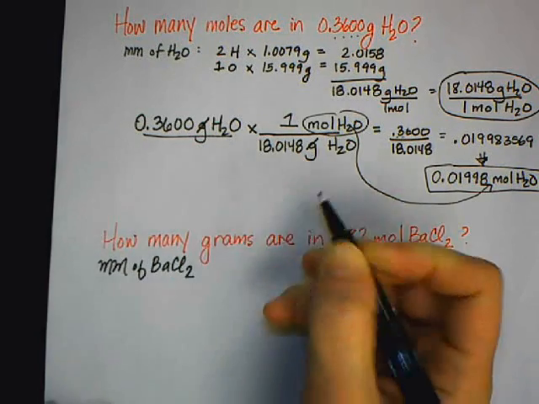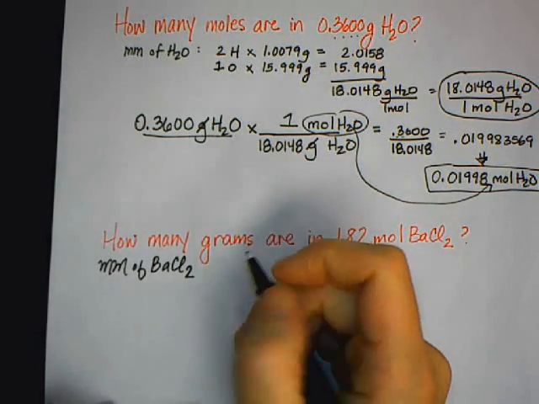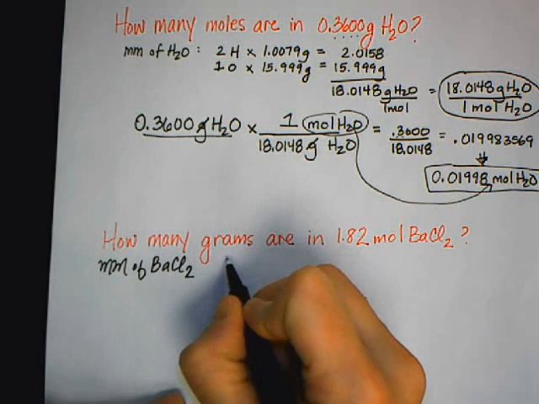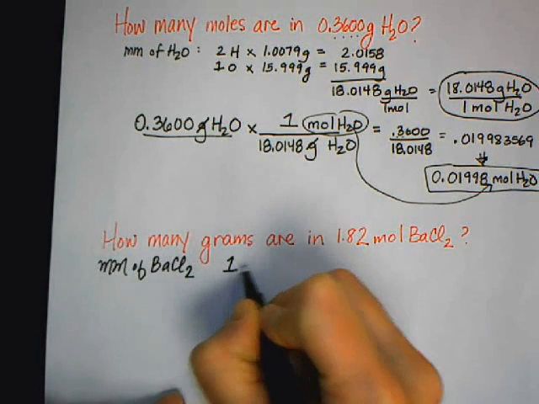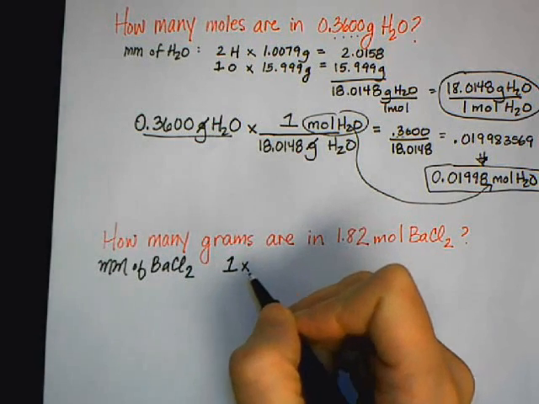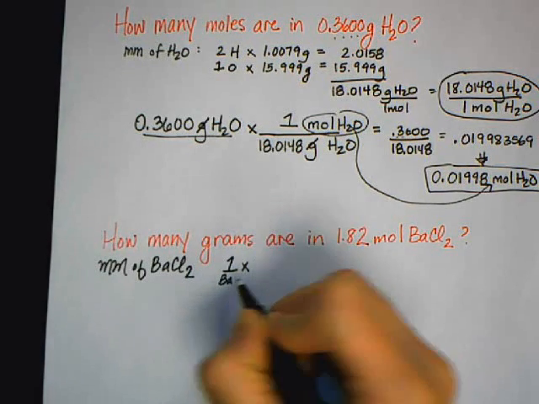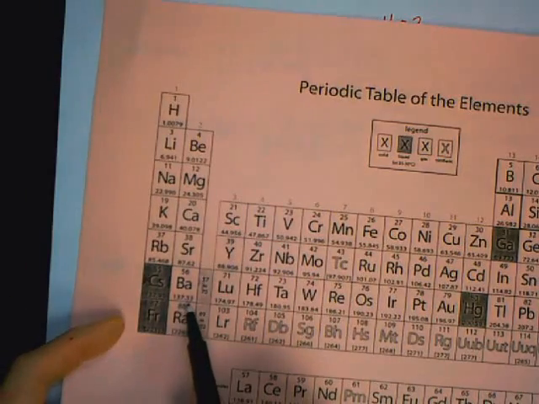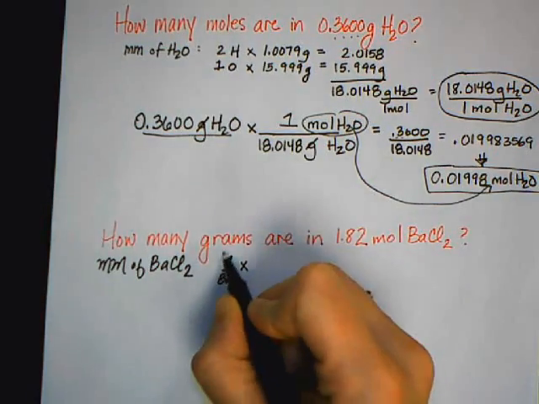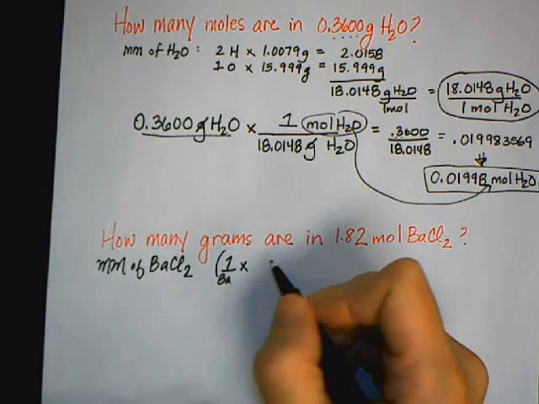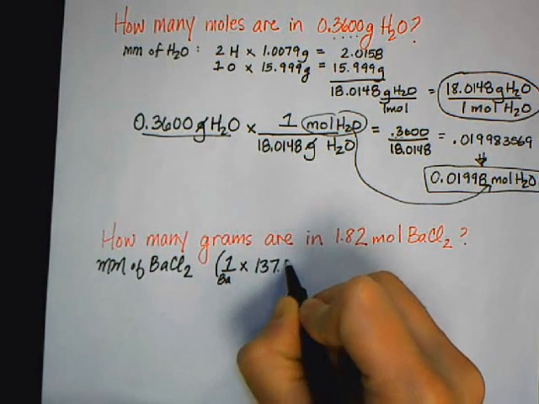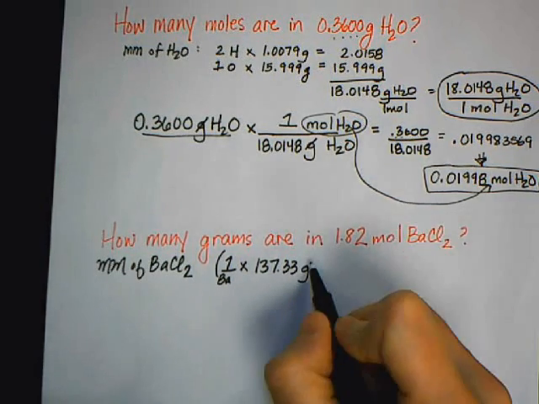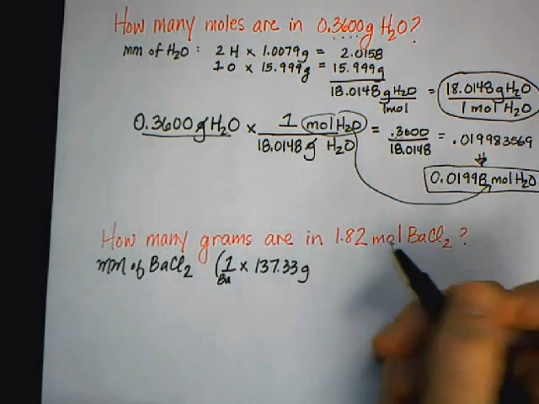So I have 1 barium, and each barium is worth 137.33 grams. So in my calculator for barium, I do 1 times 137.33, although anything times 1 is itself, so you don't even need to bother with the 1. But for the sake of completion, I will do it: 137.33 grams of barium per mole.